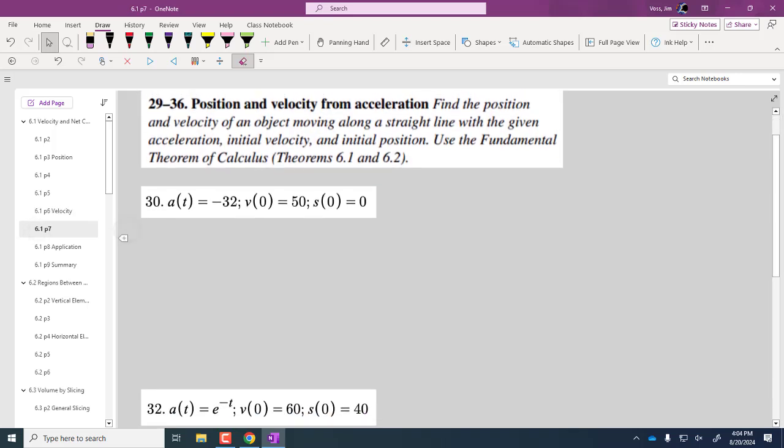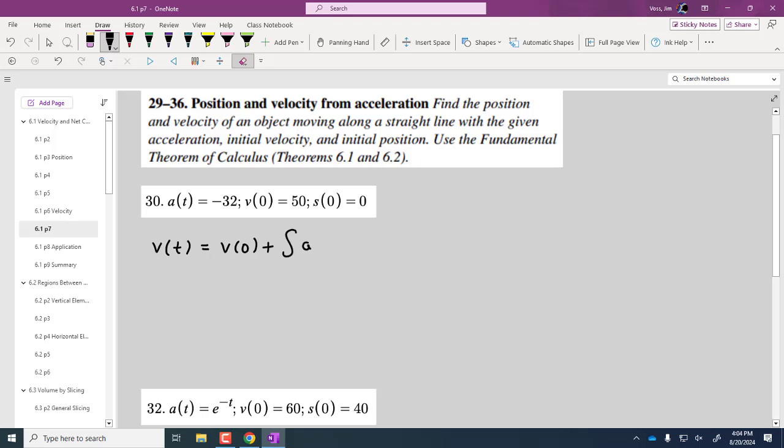So let's do a double one. We're starting with acceleration, and here we want to get to position. So we're going to climb through velocity to get to position. So first, velocity from acceleration. Velocity as a function of time, so our velocity at some time in the future, is going to be whatever the initial velocity was, plus the change in velocity.